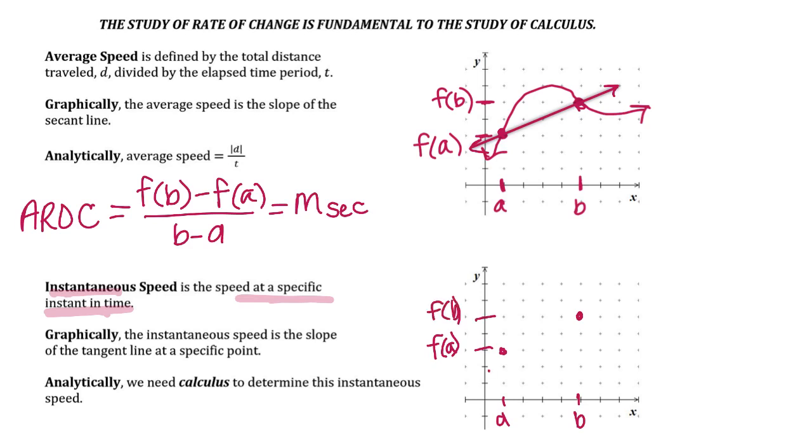And we've got some function, again, going through these points. But notice what it tells us. We're looking at instantaneous speed as the slope of a tangent line. So how many times does a tangent line intersect a graph? If it's a tangent line, it's only going to hit it how many times?